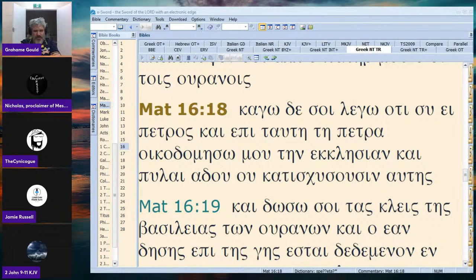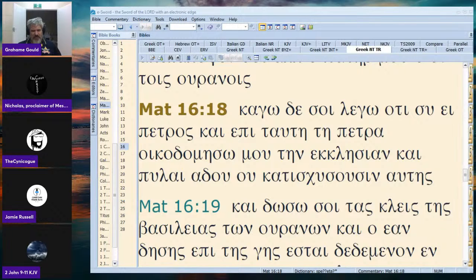A small stone, a stone that you could pick up, is the range of meaning for Petros, from a pebble up to a medium-sized stone, I suppose you'd call it. So that's one thing that destroys the Catholics' claim that Peter is the rock on which the church is built.